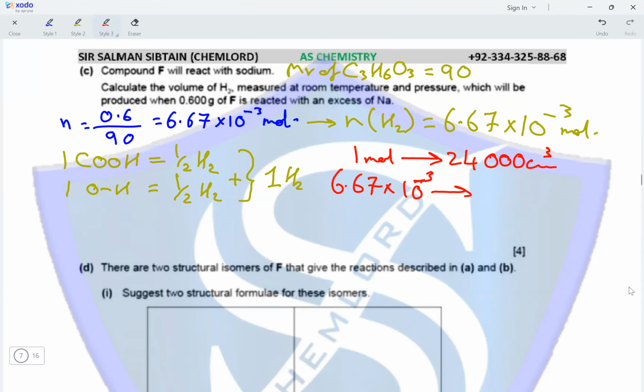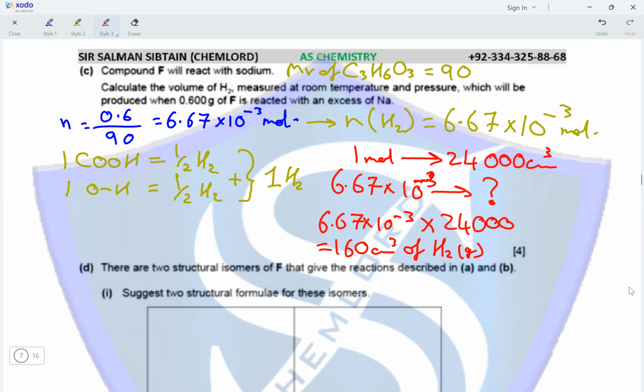These would produce a volume of 6.67 × 10⁻³ multiplied by 24,000, giving us a value of 160 cm³ of H2 gas at RTP. In this way, we have calculated the moles of hydrogen gas that would be present in the given sample of F, and using those moles, we have calculated the volume of hydrogen gas produced.